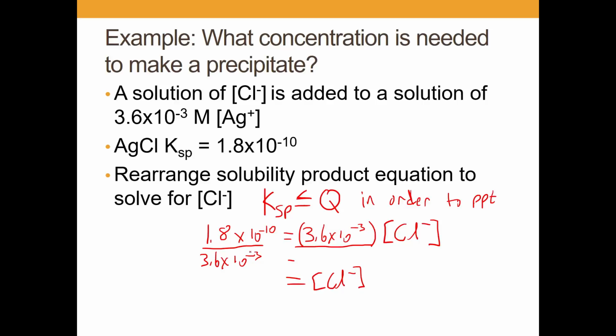So Cl minus will be 1.8 divided by 3.6, which is 0.5, times 10 to the negative 10 minus negative 3, so negative 7. So in proper scientific notation, 5.0 times 10 to the negative 8 will be the amount of chlorine that we need.